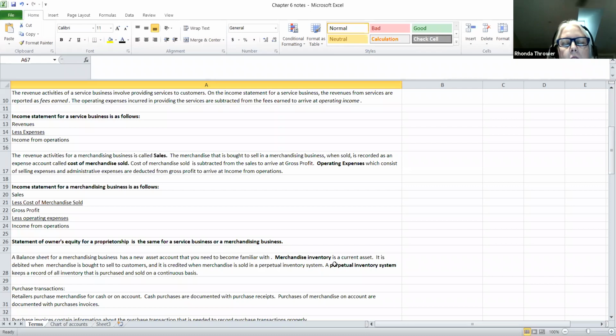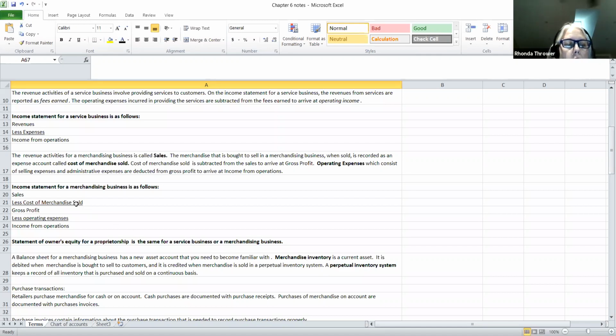Merchandise inventory is a current asset. So merchandise inventory is going to be found in the current asset section of the balance sheet. What you have left over of that merchandise inventory that you have not sold will be found on the balance sheet. The ending amount of merchandise inventory goes on the balance sheet.